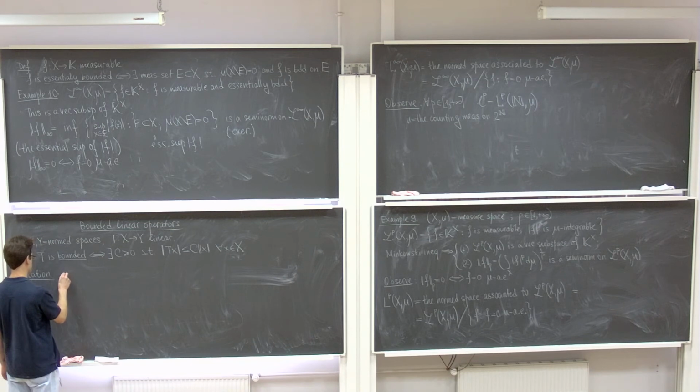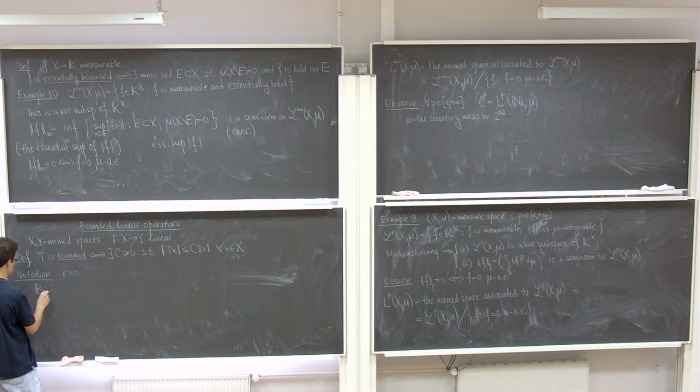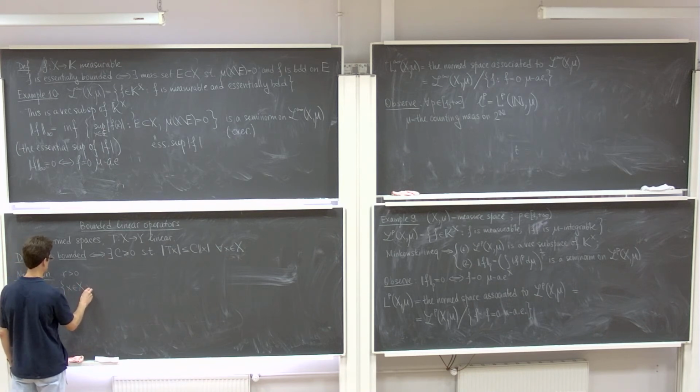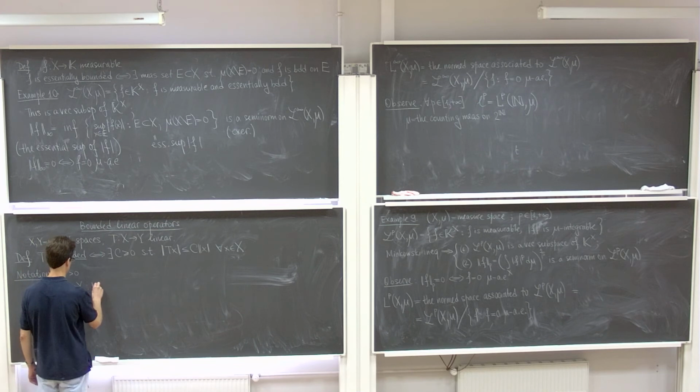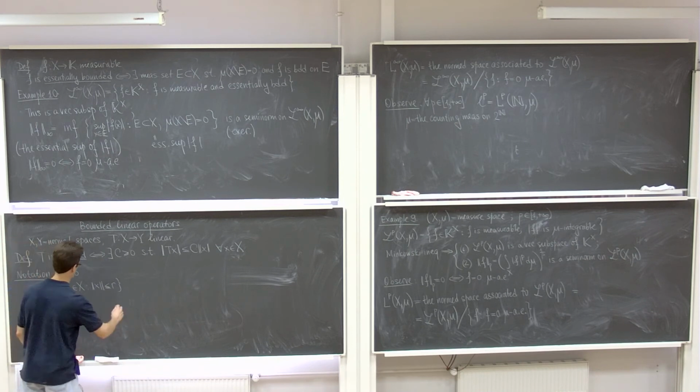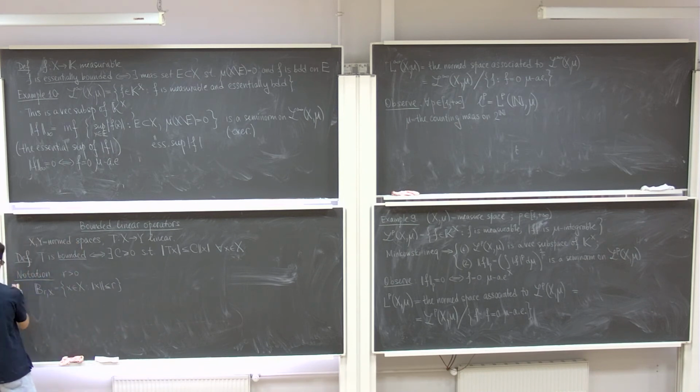So if r is a positive number, let's denote by B_r(X) the closed ball in X of radius r centered at 0, or sometimes we write just B_r when the space X is clear from the context.